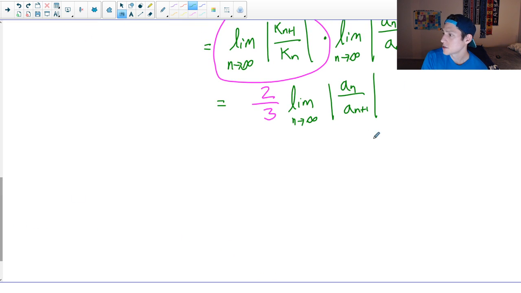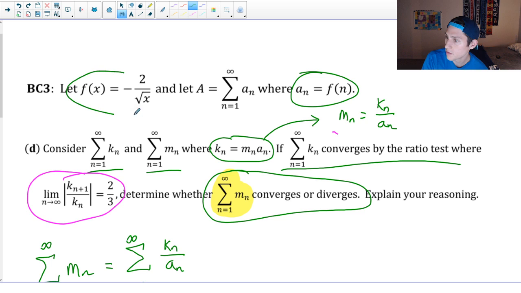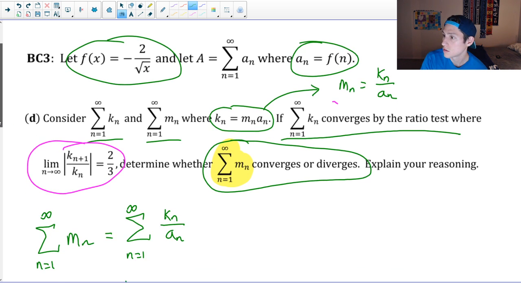Okay, so now time to actually do this limit now. The limit is n goes to infinity of an over an plus 1. Well, remember, an is the same thing as fn. And fn is just based off of f of x. So what will that be?